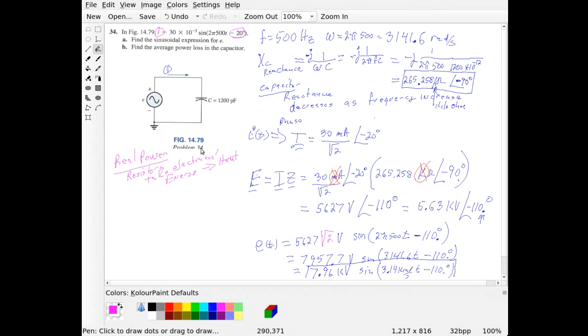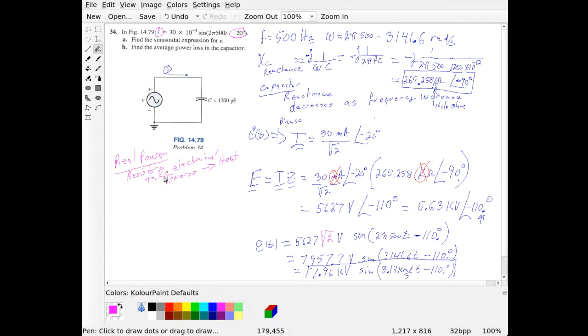But the old incandescent bulbs, boy, if you touched them, you would get a nasty burn, because you have all that heat there. A lot of that electrical energy is given off as light, which is another form of transferring that energy, but some of it's being turned into heat.